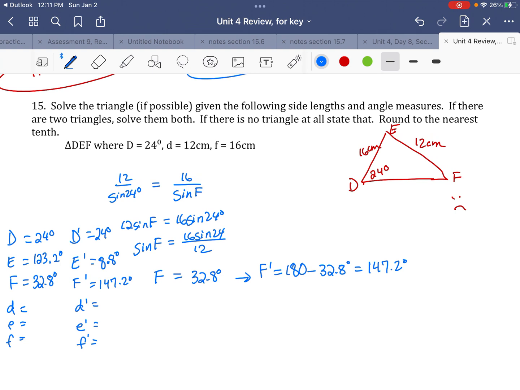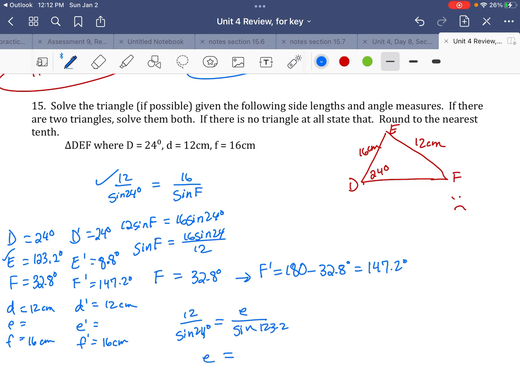All right, well, I was given D and F. So D is 12, F is 16. So these can't change. It's just E. All right, so let's use this guy right here since I was given that. So 12 over the sine of 24 equals E over the sine of, in this scenario, E is 123.2.